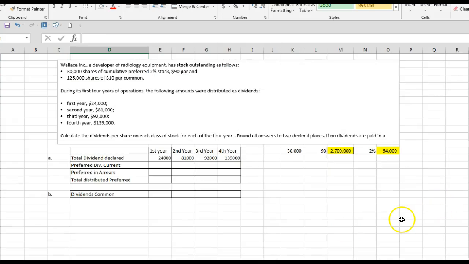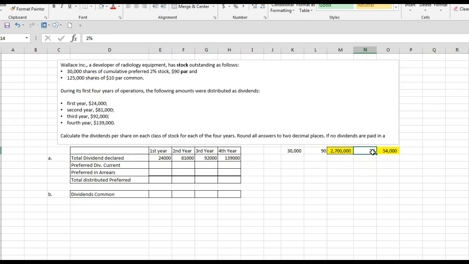Let's move on to a fun one. This one looks at preferred stock, and preferred stock always gets its dividends first. And they get all the dividends, and if there's any that haven't been paid from the previous year, they get those paid next year. Looking at this, these are how much dividends are being paid each year. The dividend that has to be paid to the preferred stock is 54,000.